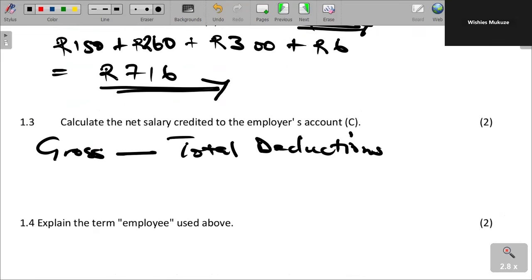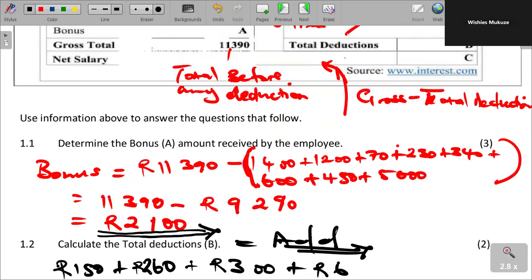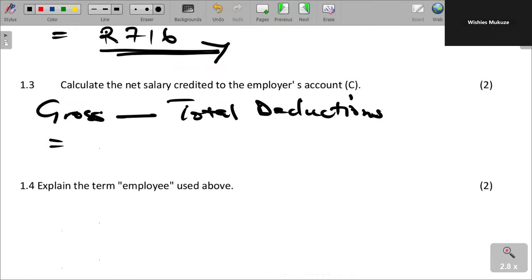That is how we get the net, which is after deductions. Our gross is given in the question as 11,390.